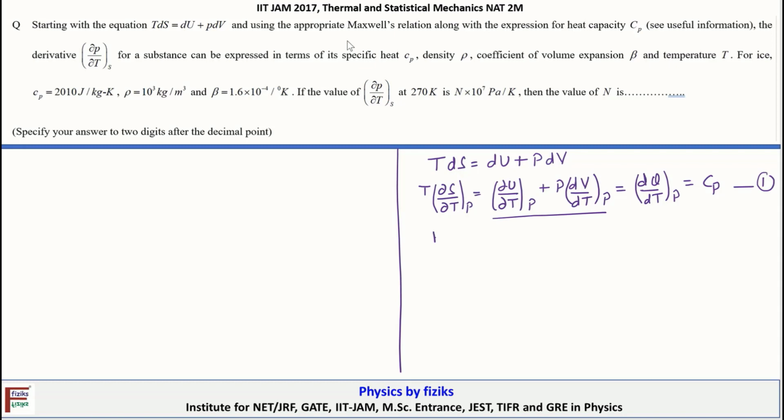If you take a look at the definition of enthalpy, H is equal to U plus PV, and Cp is equal to dQ by dT at constant pressure, and that is equal to dH by dT at constant pressure, and that is further equal to the derivative of U plus PV, all at constant pressure.